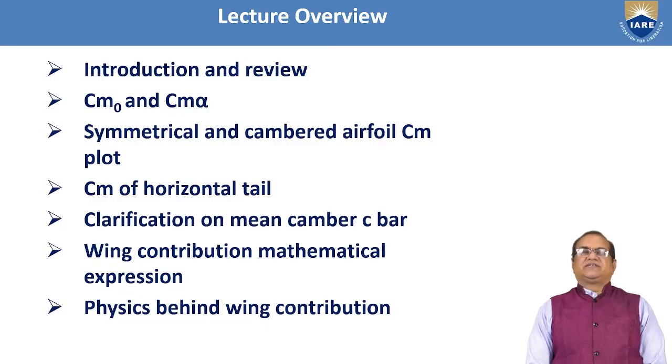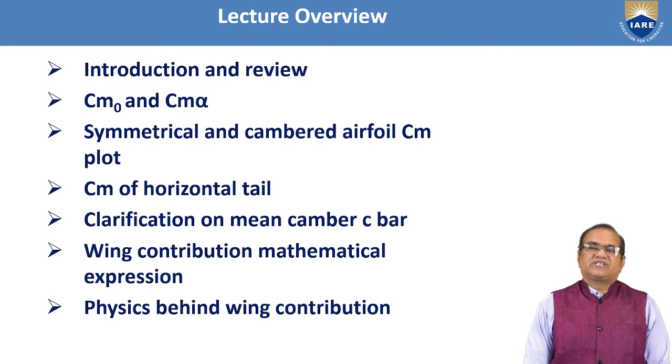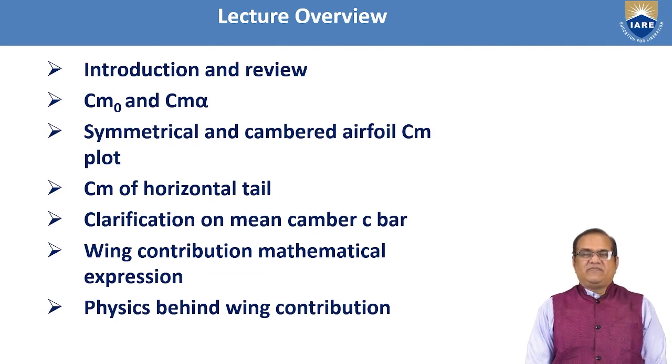In today's class, I am going to discuss the introduction and review, then Cm naught and Cm alpha, symmetrical and cambered airfoil, Cm plots, Cm of horizontal tail, clarification on mean camber C bar, then wing contribution and mathematical expression.